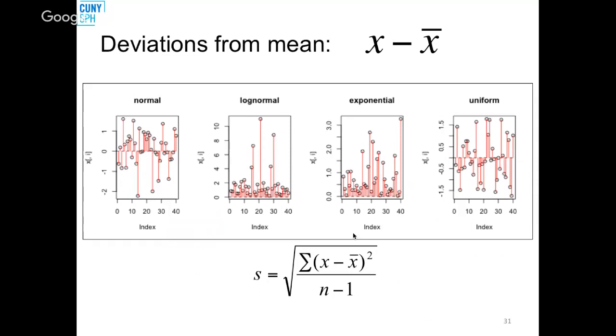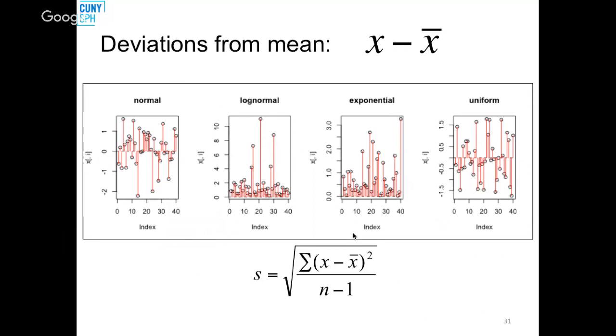Just to make it a little more real of what these deviances look like and why they're sensitive to skew and outliers, I have plotted what I know to be the true theoretical mean as a horizontal bar for each of these 4 distributions, and then put little red lines from that theoretical mean to each of the actual observations.